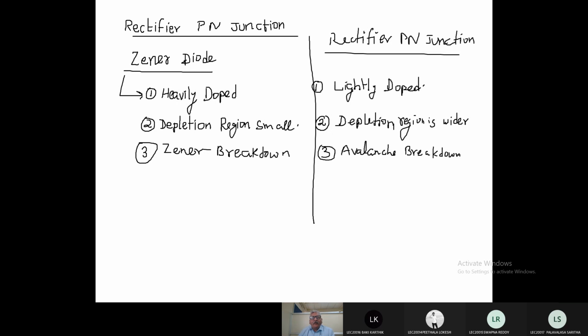This Zener breakdown and avalanche breakdown take place when your diode is under reverse bias condition. So for Zener breakdown, in brackets we can write under reverse bias. And avalanche breakdown also takes place under reverse bias.